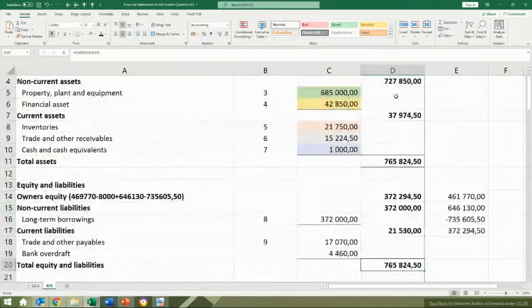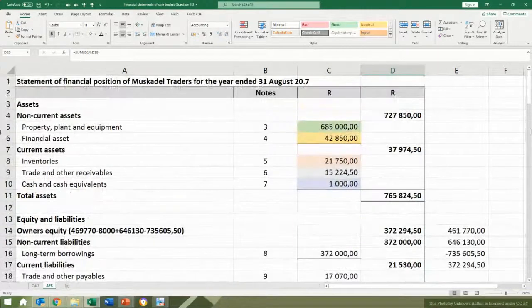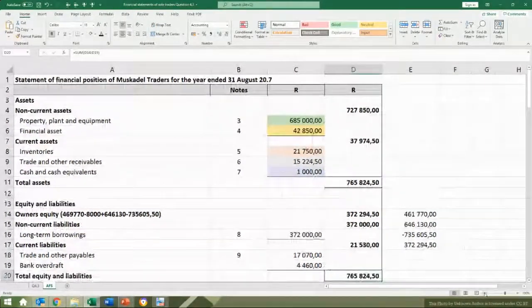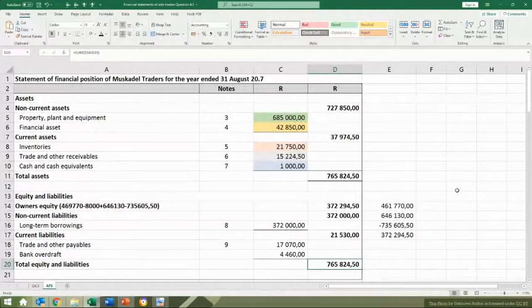Okay, so before we move on to the statement of profit and loss, do you guys have any questions on the statement of financial position and how we get to the disclosure thereof?